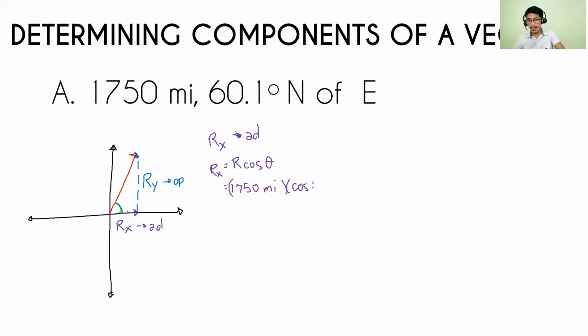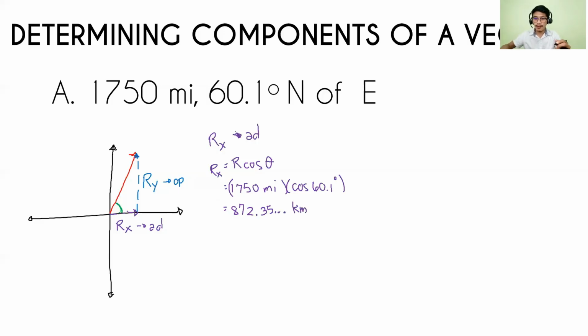Our angle is 60.1 degrees. And that will give us 1,750 times cosine 60.1. That will give us 872.35 and so on kilometers.